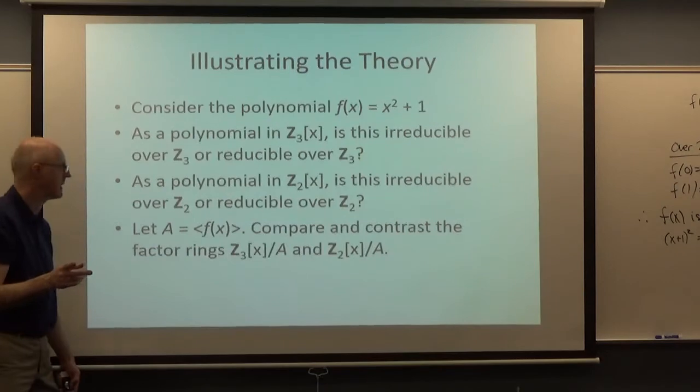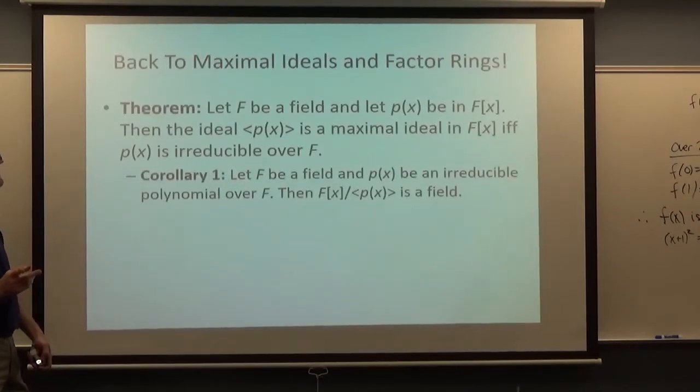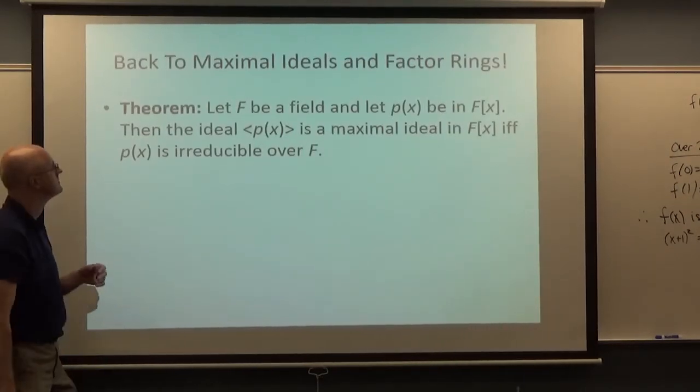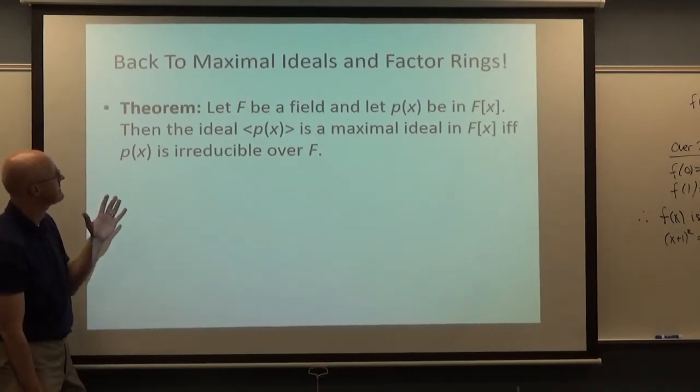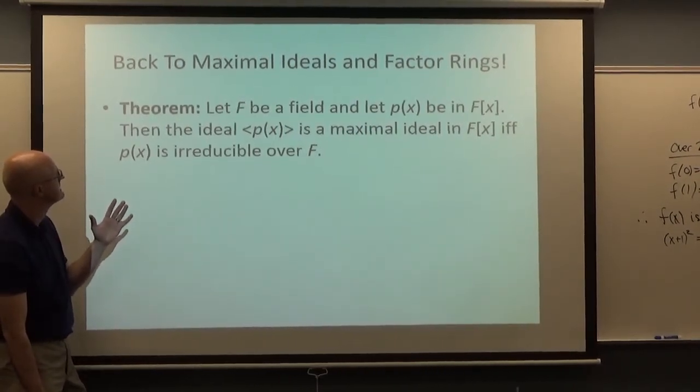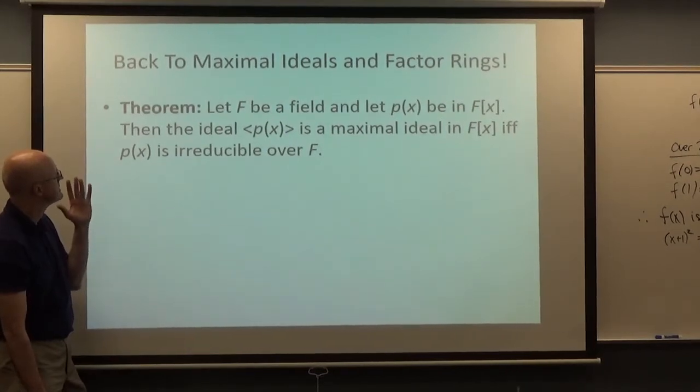Okay, there's a theorem we're going to come back to here. Don't write this down, just look and think. Let F be a field, p of x a polynomial in F of x, with coefficients in the field.